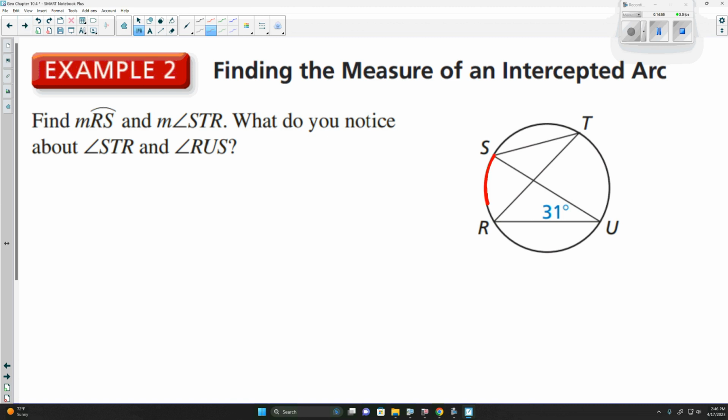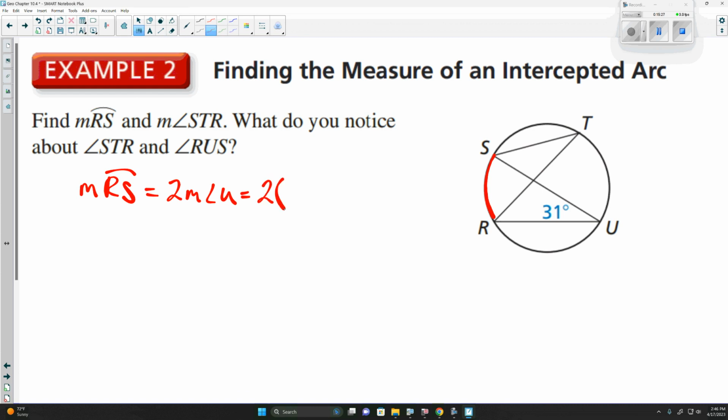SR. That would be the inscribed angle. Sorry. The measure of arc RS, because that's where we're wanting to go, is twice the measure of angle U.